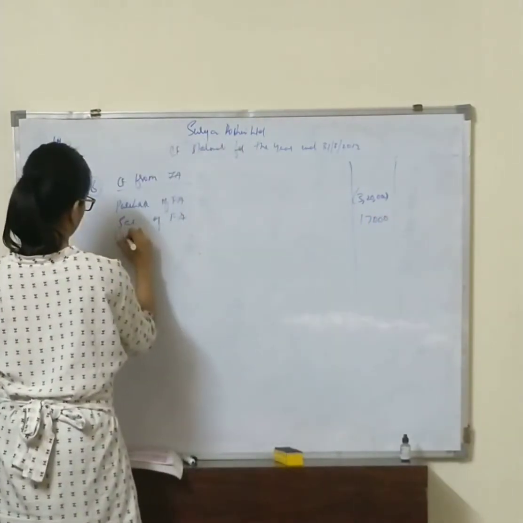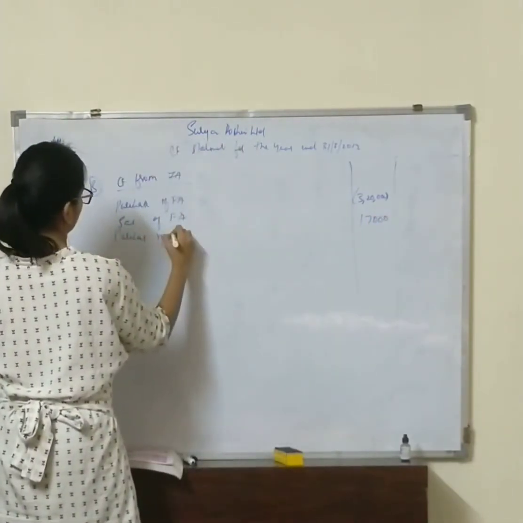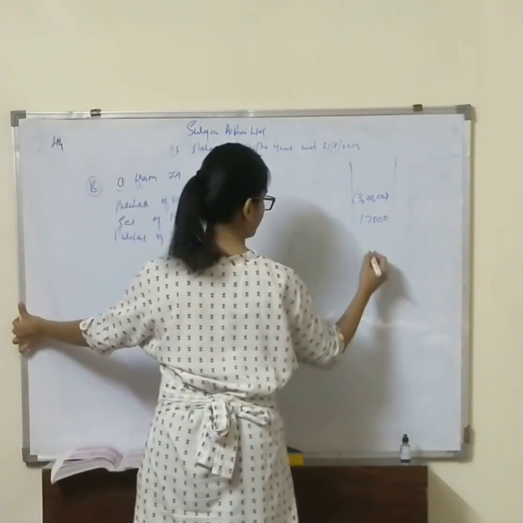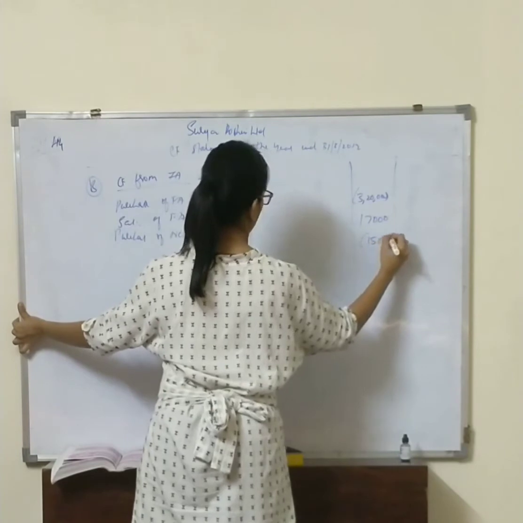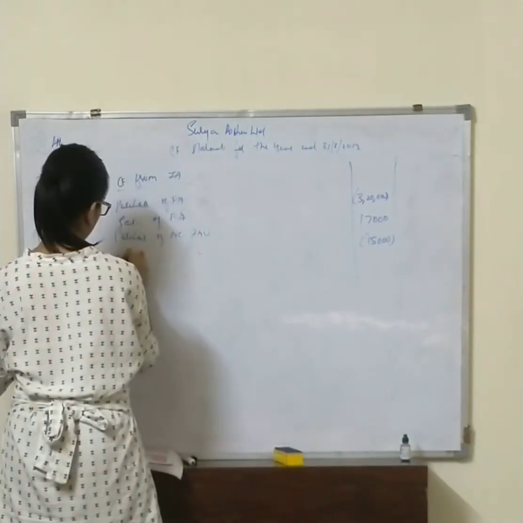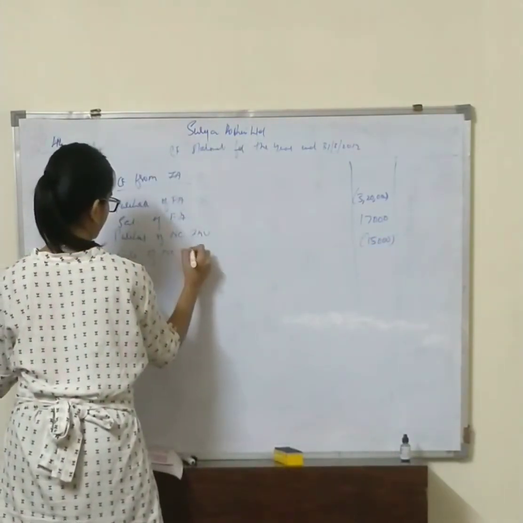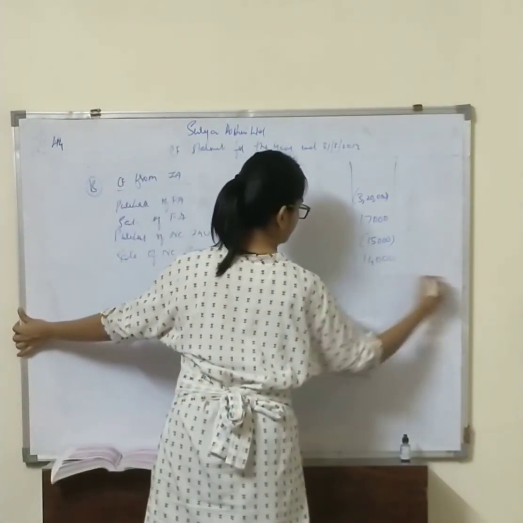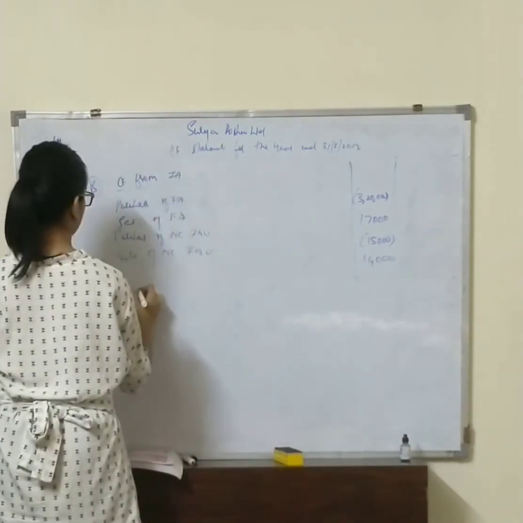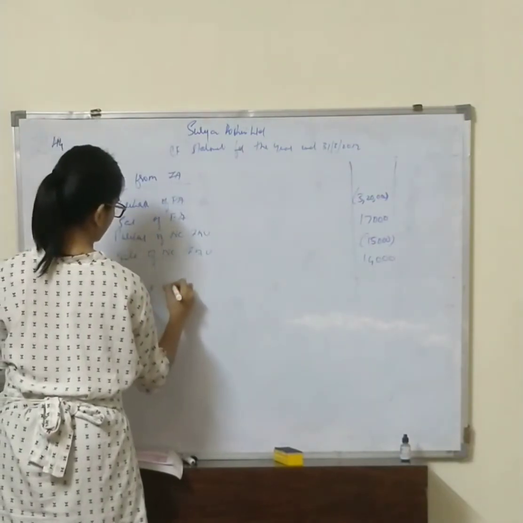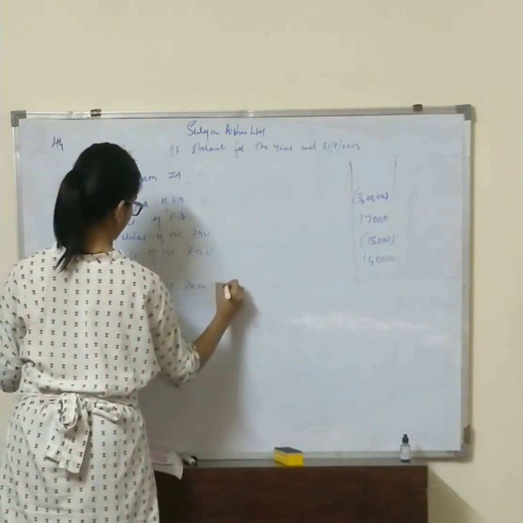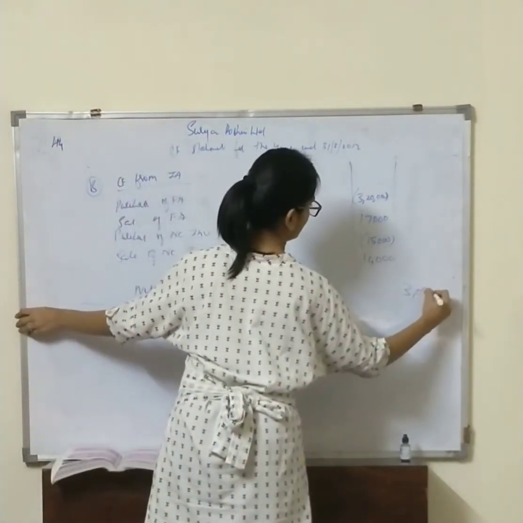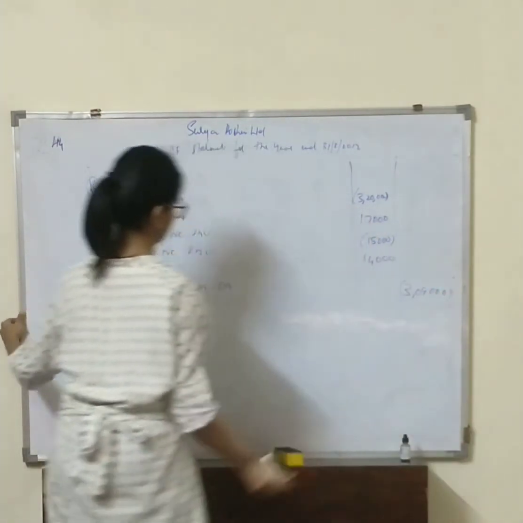Then we have purchase of non-current investment 15,000. And we have sale of non-current investment, that is 14,000. So what answer do we get? We get net cash flow from investing activities as 3,04,000, a negative figure.